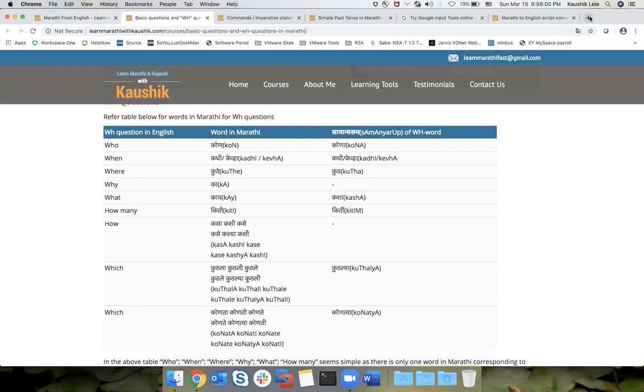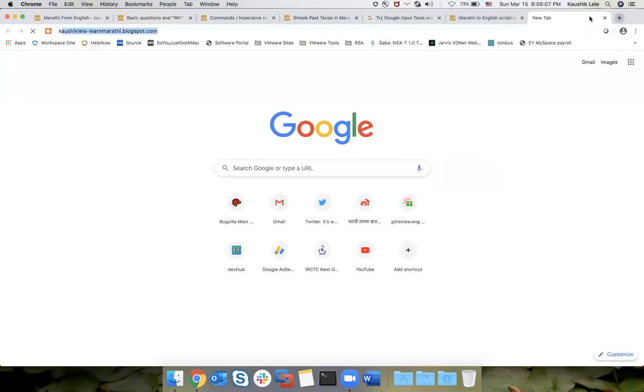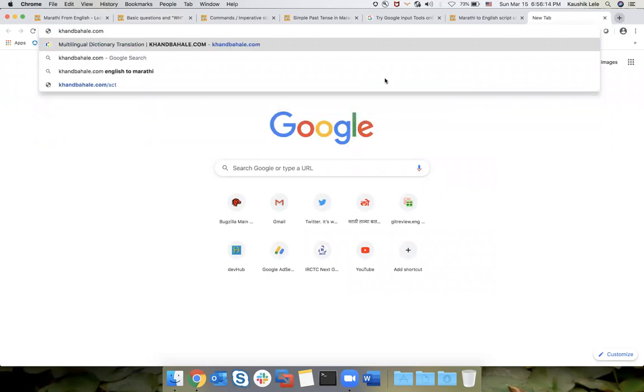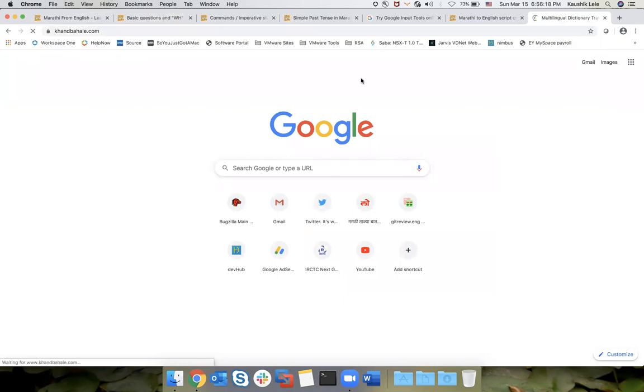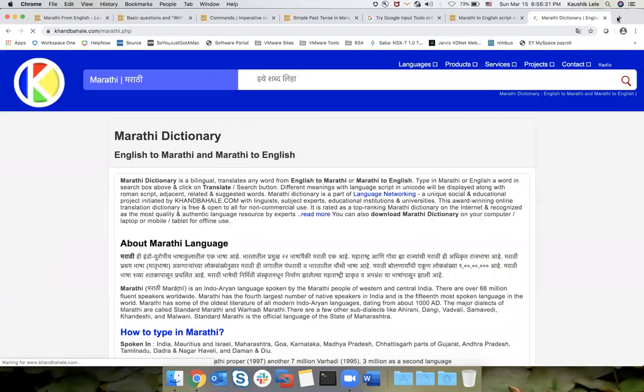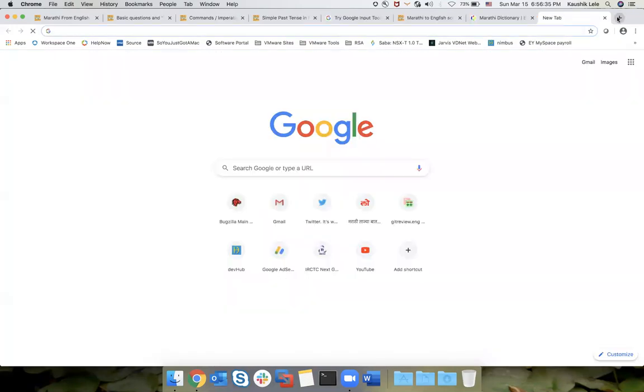If you struggle with the vocabulary, a few good dictionaries which I know are khandbahale.com. Khandbahale.com. Okay. Or other dictionaries, shabdakosh.com.